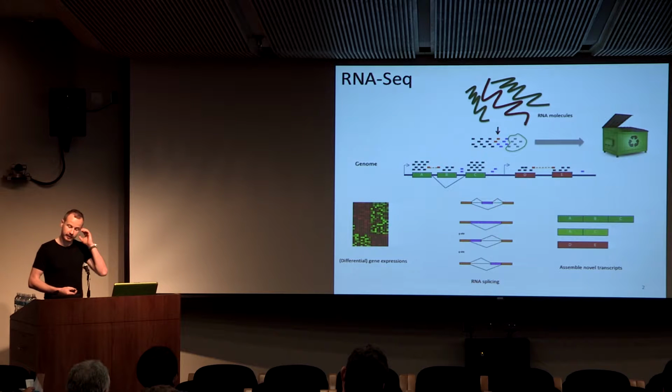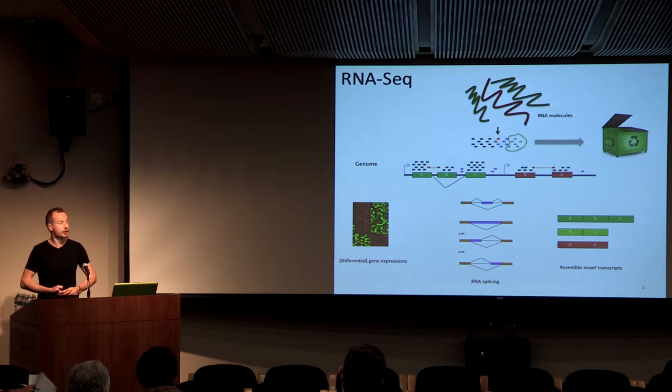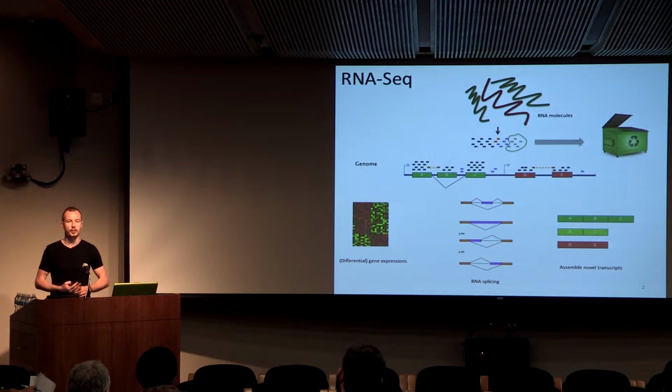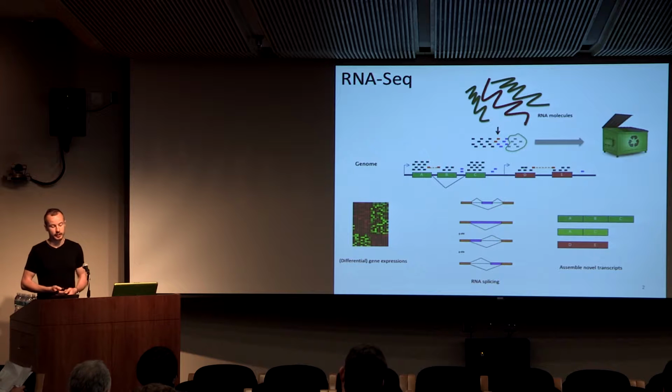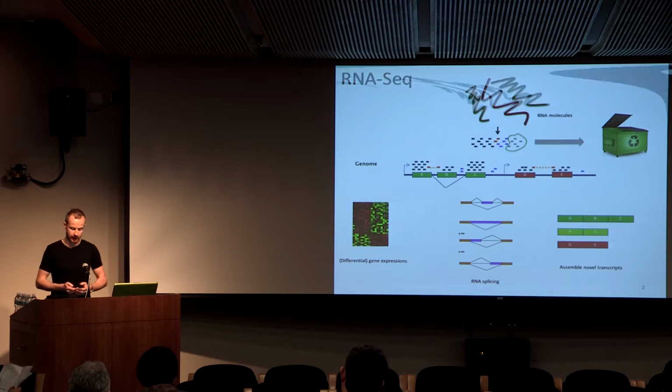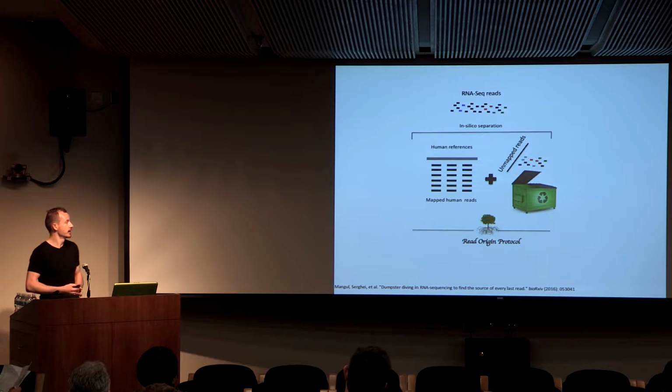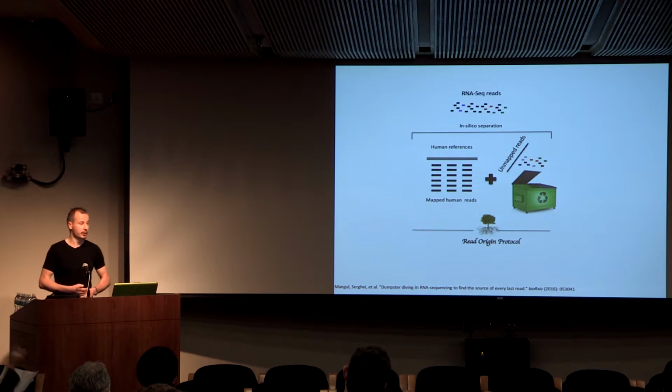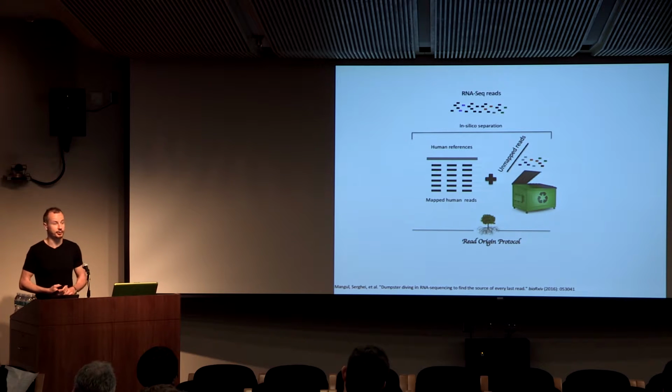The project started as a more exploratory one, just because we were curious to know what is among those unmapped reads, and there are very many interesting things among them. So we designed the so-called Read Origin Protocol, which looks carefully at the unmapped reads, trying to find some hidden treasures.